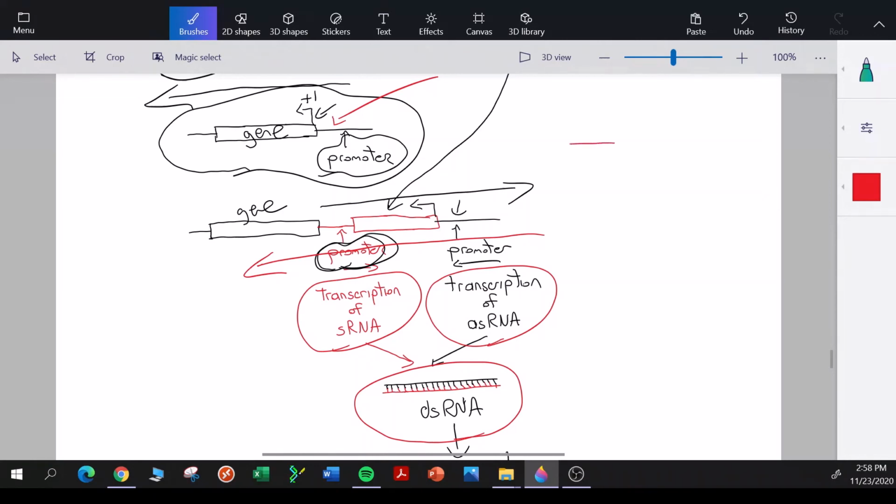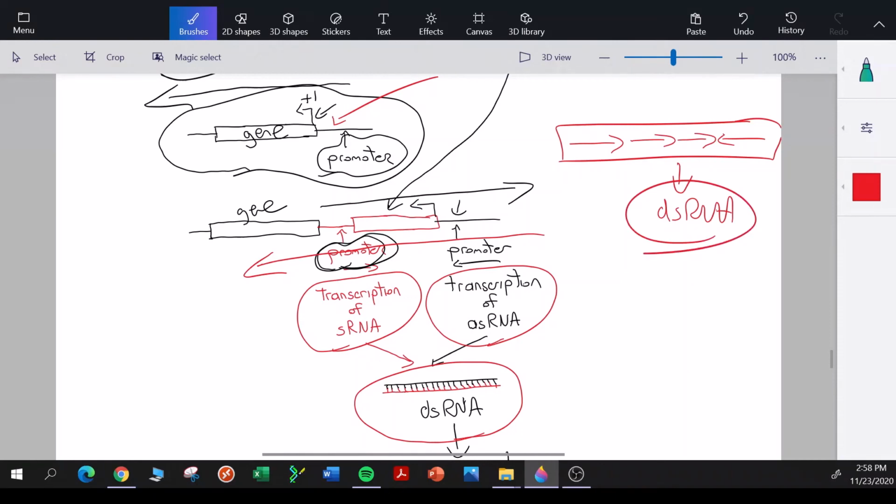Other models have multiple transgenes integrating in a tandem array and sometimes flipping around. And then if they integrate many copies at the same location in opposite orientations, that can also lead to the formation of a double-stranded RNA that can then trigger RNA interference. Okay, well, in the next video, we will take a look at how the double-stranded RNA molecules trigger RNA interference and cause gene silencing.